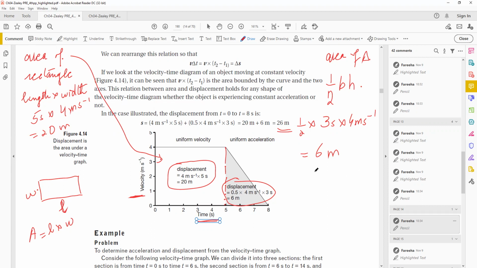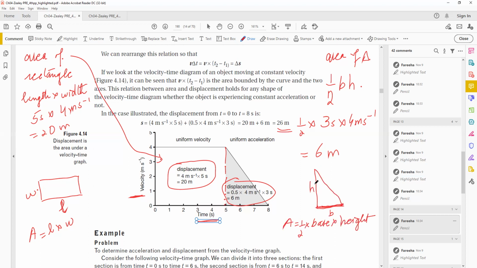Okay, now coming to the triangle. This is the shape of a triangle that we have. The formula for the area of a triangle is half multiplied by base multiplied by height. So base is this one and height is this one, so this is B and this is H. Height is always the perpendicular vertical distance from the bottom of the triangle to the top of the triangle, right?